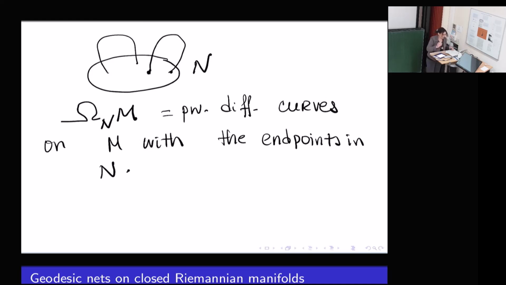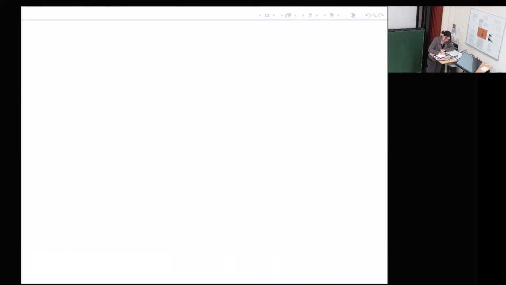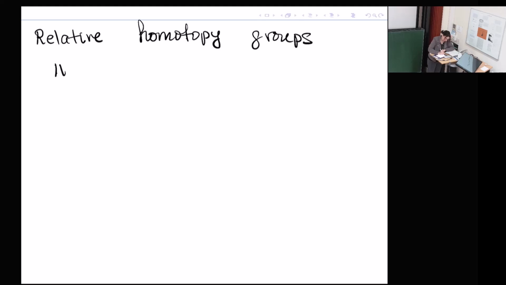And then let us consider relative homotopy groups, relative to N, where N sits naturally in this space, because each point on N we can identify as a constant curve.